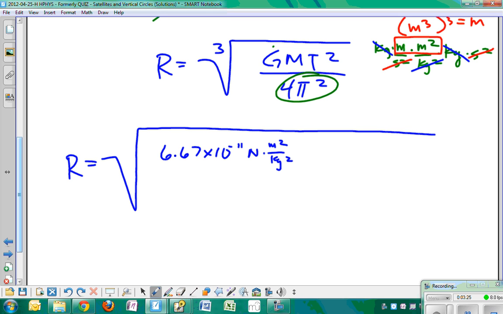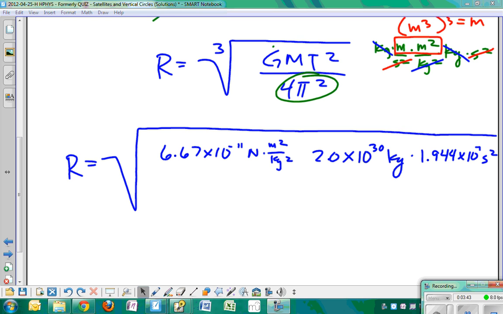All right, so mass of the sun is 2.0 times 10 to the 30th kilograms, and T is 225 days, which we're going to have to convert to seconds. Give me a second to do that, please.